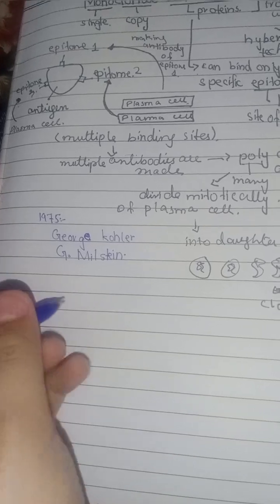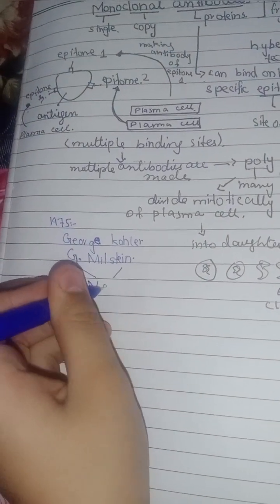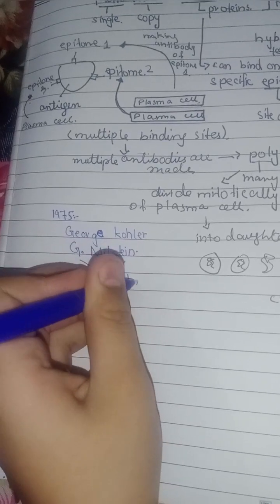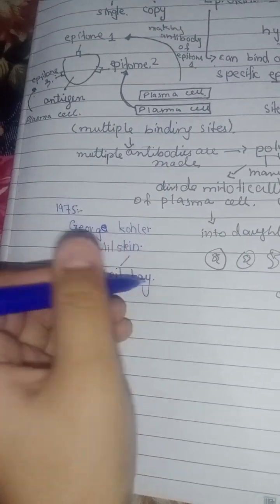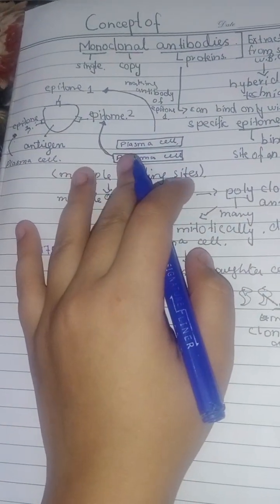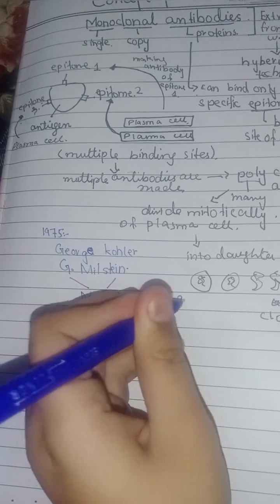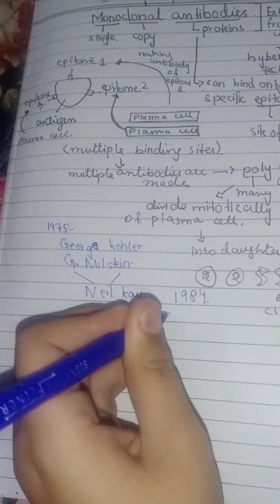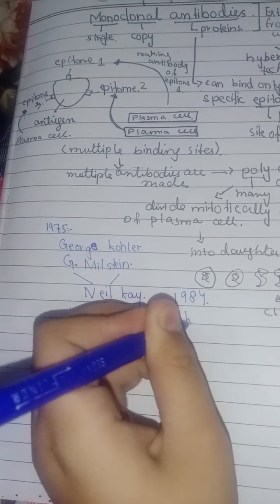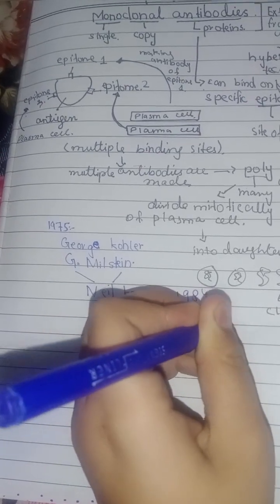Further on, another scientist came, named Niels K. Jerne. These three scientists worked on the concept of monoclonal antibodies, and they got the Nobel Prize in 1984.